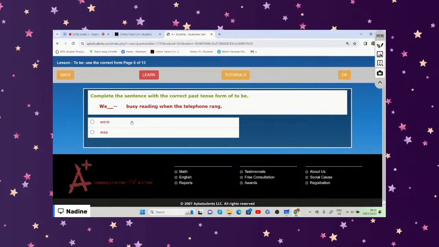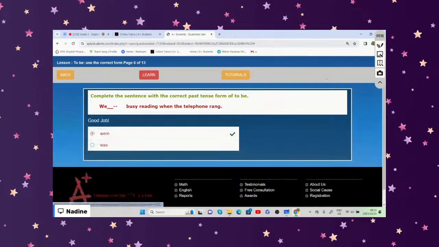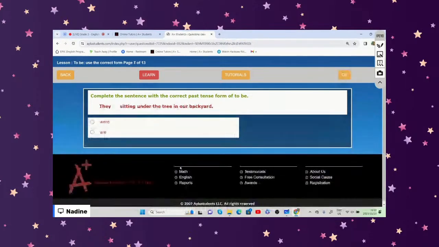If we choose the correct one, we can say "we were", because "we" refers to plural forms, like more than one person. So we were busy reading when the telephone rang, and "were" is correct. So well done, guys.